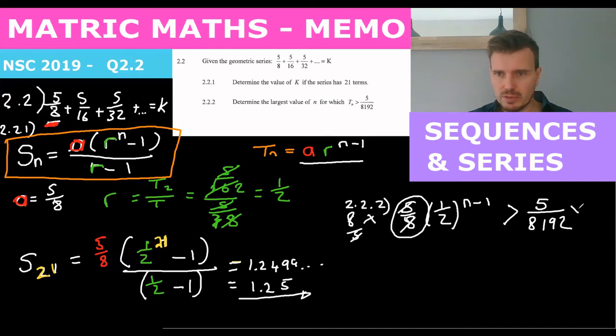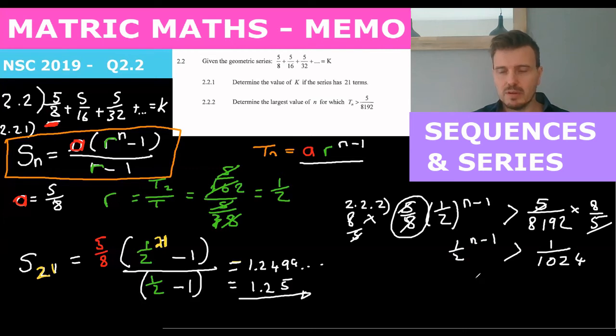The 5s cancel, of course, and then you get 1 over 1024 on the other side, so a half to the n minus 1 is greater than 1 over 1024.